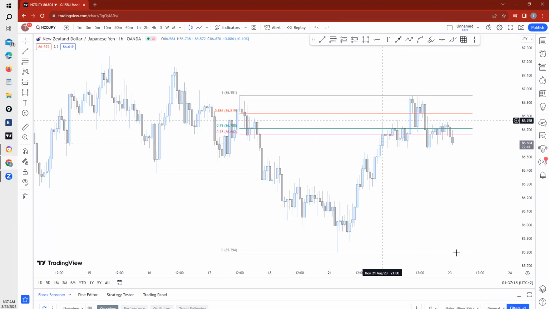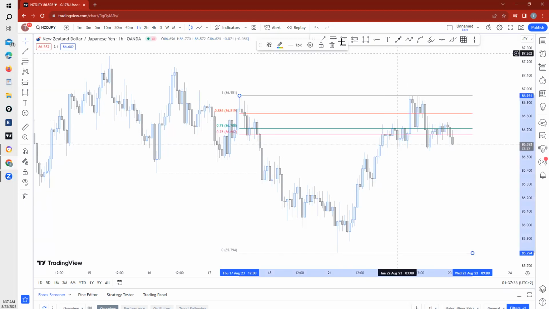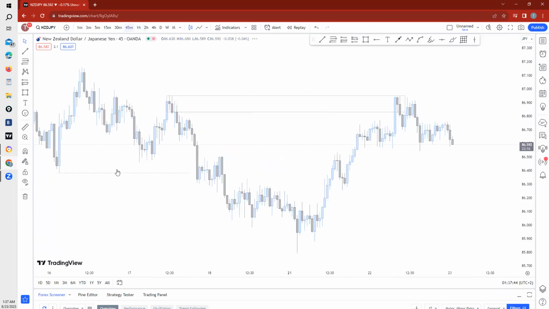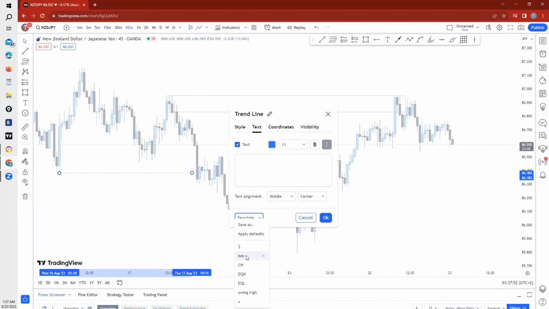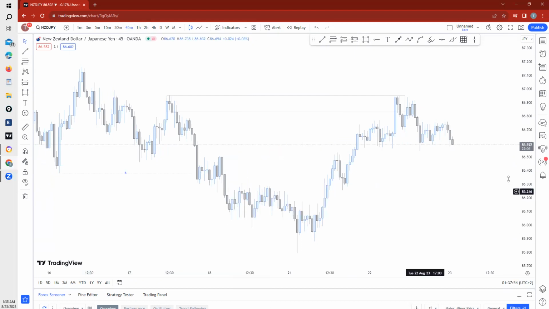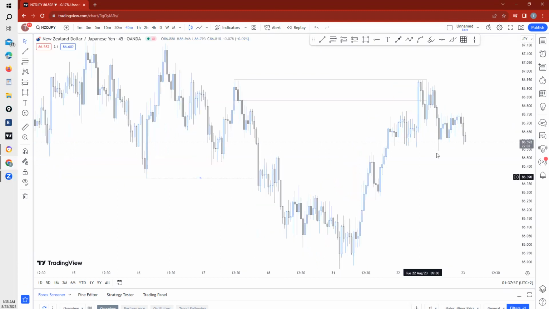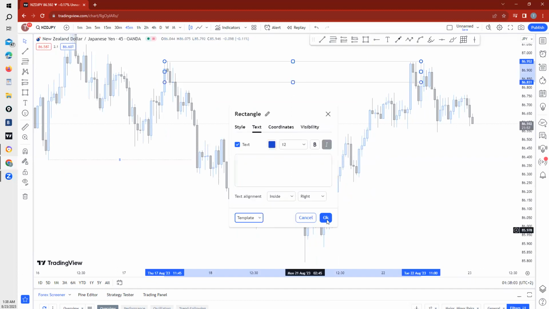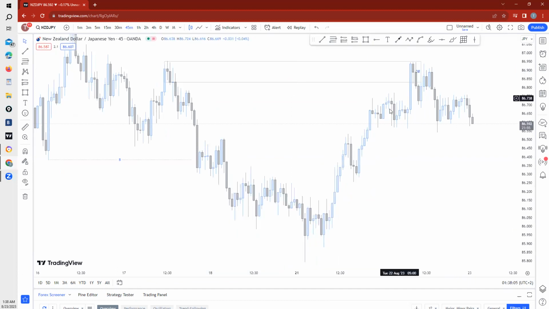So let me remove this. This is indeed a good zone.